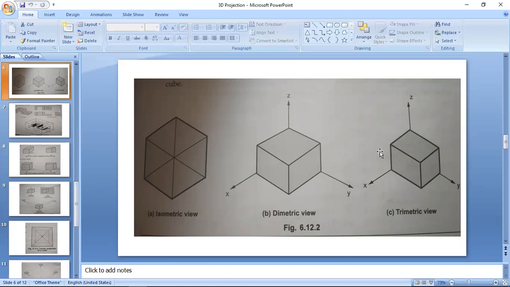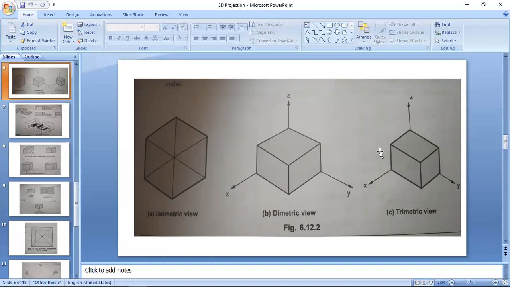In the isometric view, all three principal axes are foreshortened equally. Okay, if it is shortened by 2 units on the x-axis, then it will similarly be shortened by 2 units on the y-axis as well as the z-axis. So that is the case in the isometric view.